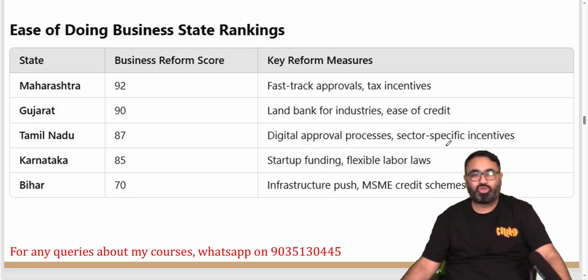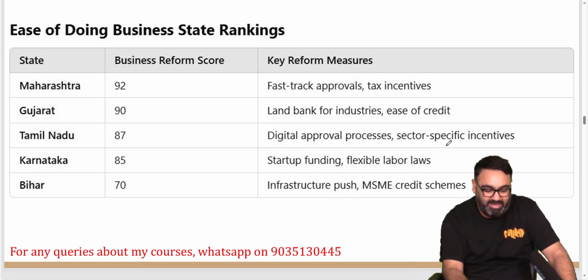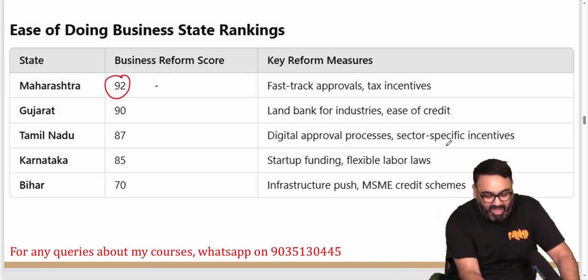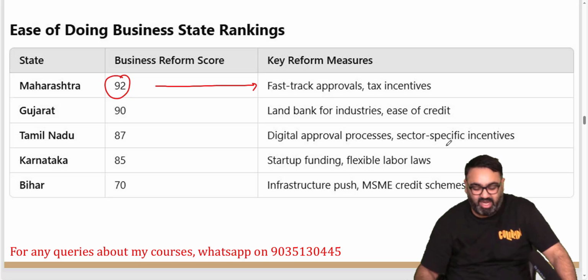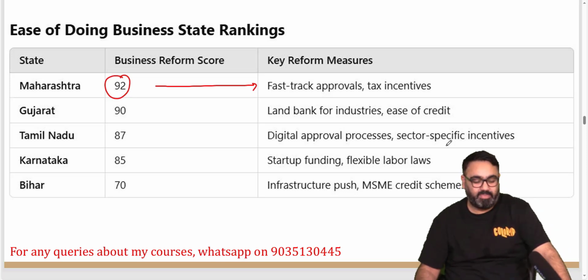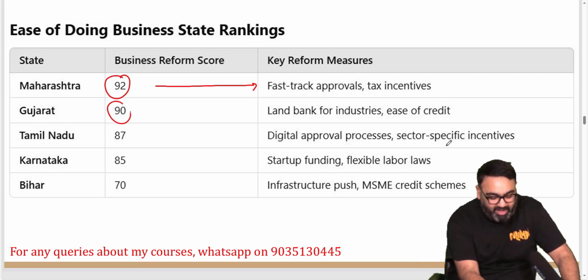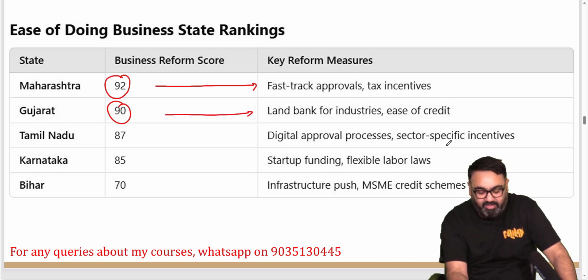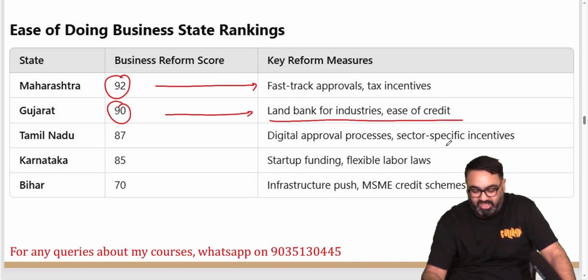It tells the different scores that the states have achieved in their ease of doing business. So Maharashtra scores the highest, 92. The highlights of Maharashtra are fast track approvals and tax incentives to new companies. Gujarat, again very close to Maharashtra, 90. They have given land bank for industries and ease of credit.